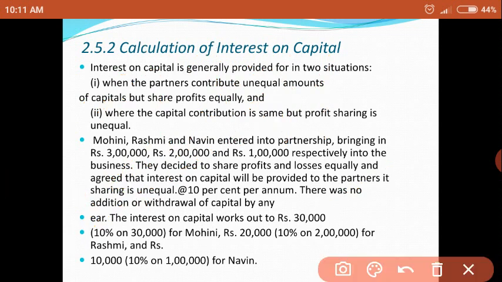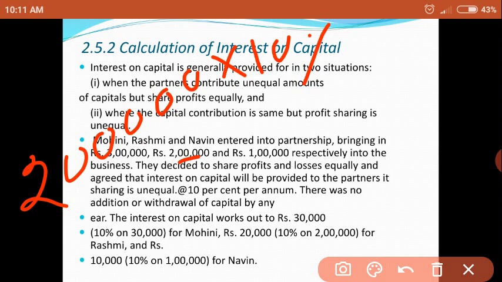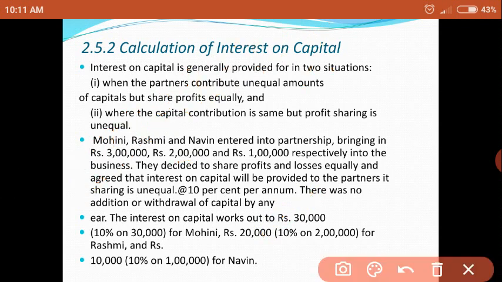Next, 2 lakh into 10% is equal to 20,000 for Rashmi, and 1 lakh into 10% is equal to 10,000 for Naveen. So this is the calculation of interest on capital.